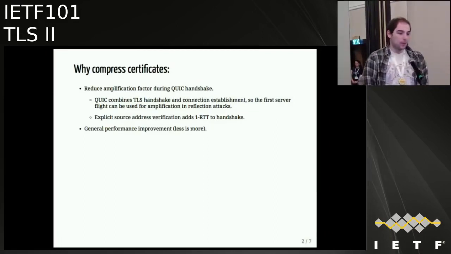So QUIC provides an optional source address verification mechanism, which adds an additional round trip to the handshake. But if we can reduce the amplification factor, then we can remove the need for this address verification and the additional round trip, at least in some cases.